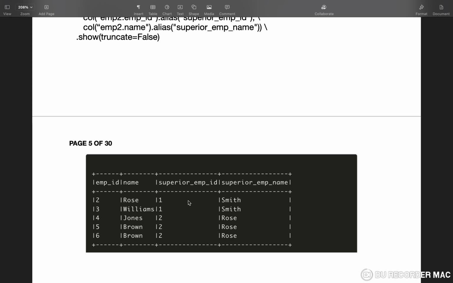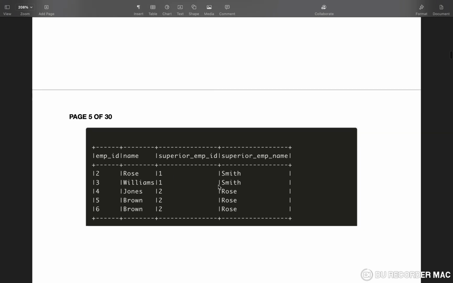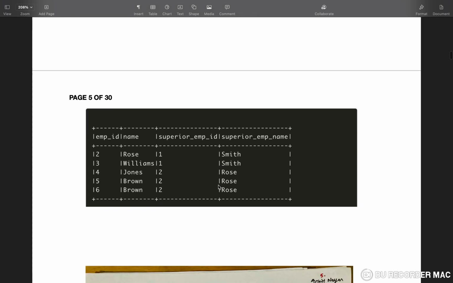And William is a person whose superior employee is Smith, right? In that way we can easily find out relations between the name and their superior employee name from the same data set. So self joins are used widely as well.